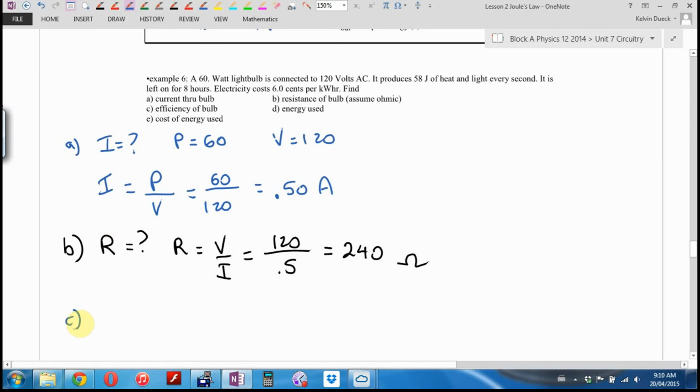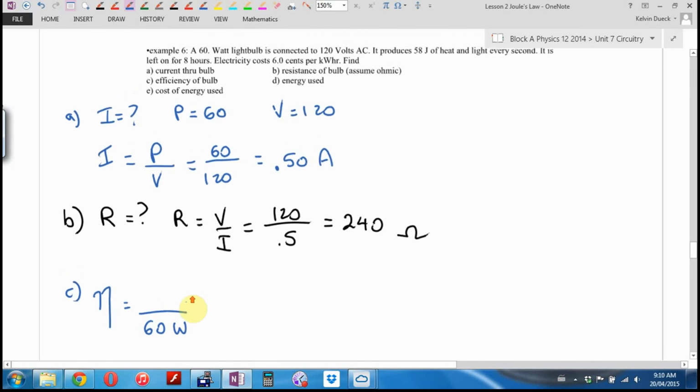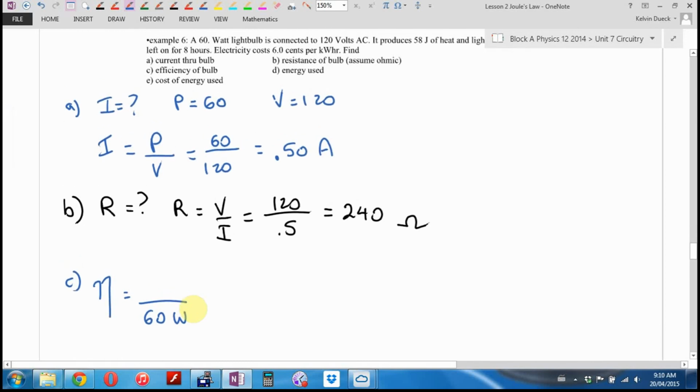Efficiency. Now, efficiency is going to be the smaller number divided by the bigger number, or power out divided by power in. I know we're putting 60 watts in. The problem, what are the units next to that 58?